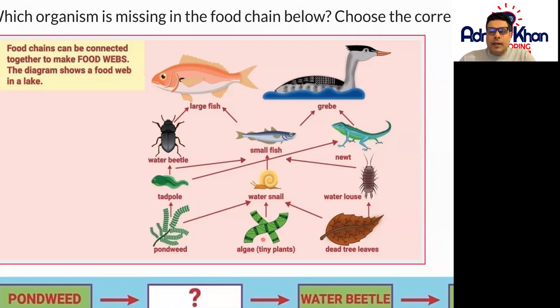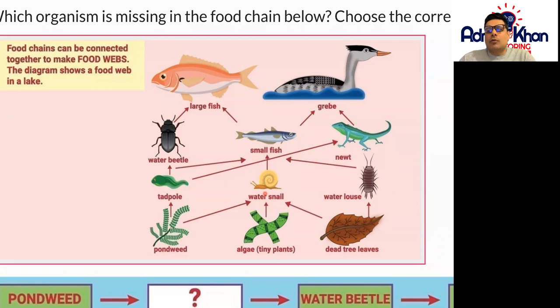With regards to algae and tiny plants, a water snail will feed on algae. A small fish would then feed on a water snail, and finally a grebe will actually eat a small fish.